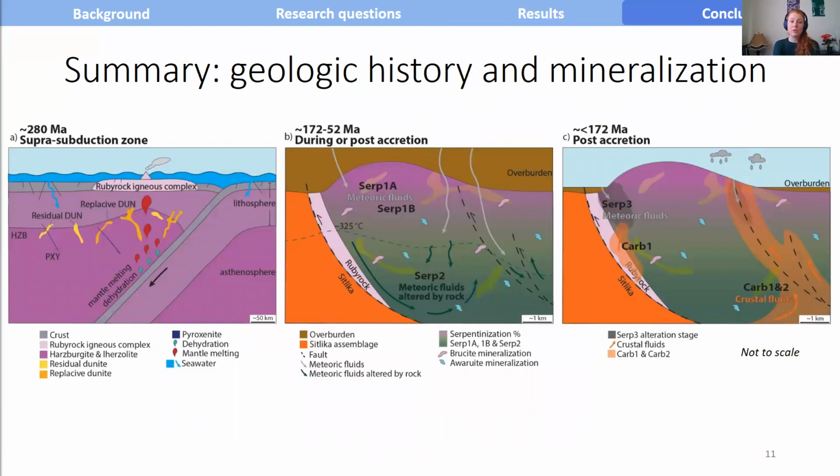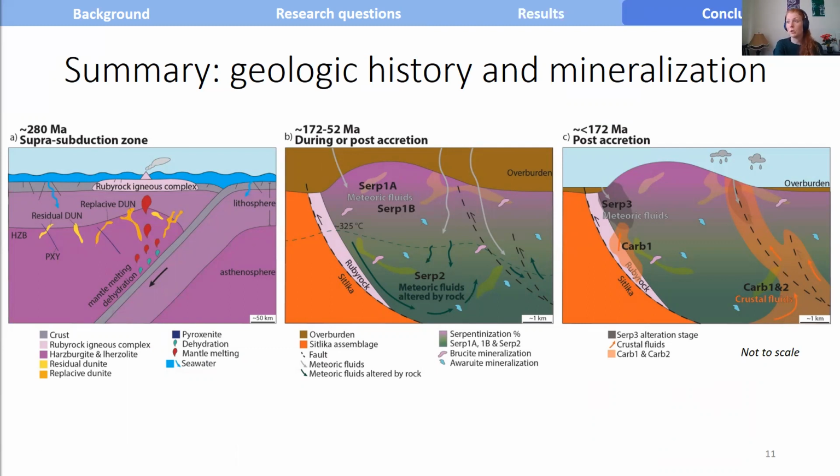These 5 alteration stages are also summarized on a regional scale in this image over here. At first, in a supersubduction zone, the harzburgite, dunite, and pyroxenite form in the upper mantle. Then in a continental environment, during or post-terrane accretion, SERP1 and SERP2 form and are sourced by meteoric fluids.